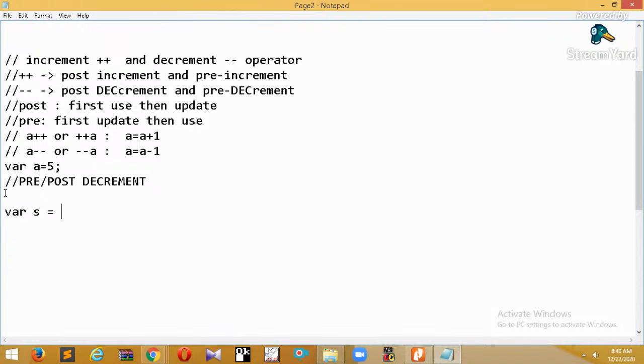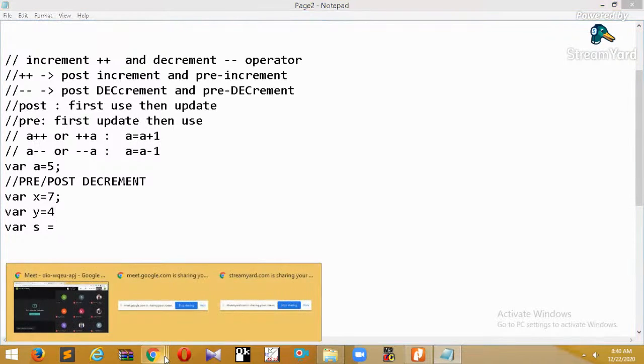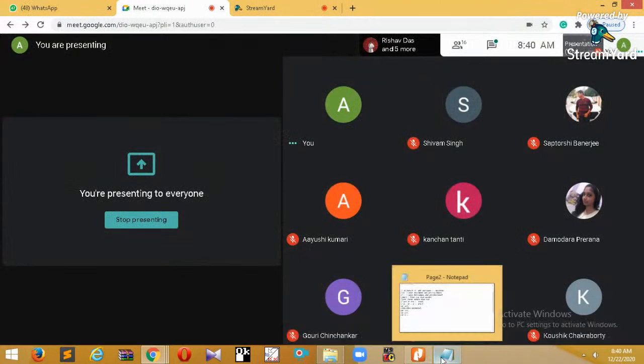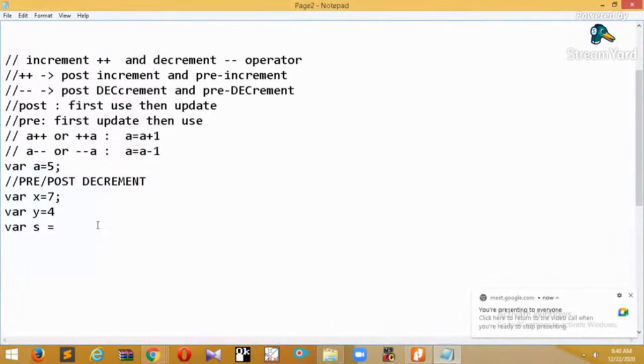Here I'm taking a few variables, for example x equal to 7, and y equal to 4. Now these two variables I have stored. Now I will create one simple expression. All of you must concentrate.